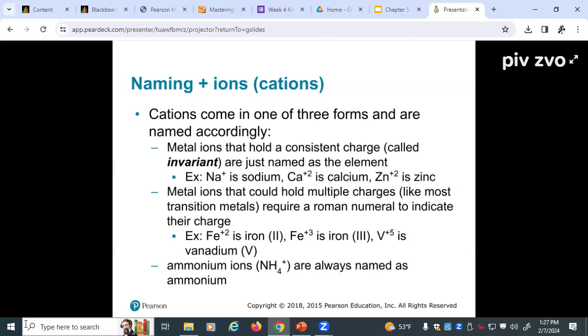The other exceptions, and this is kind of an odd group, if I draw a triangle starting at zinc and crossing over to cadmium and indium, those four transition metals also only carry one charge.